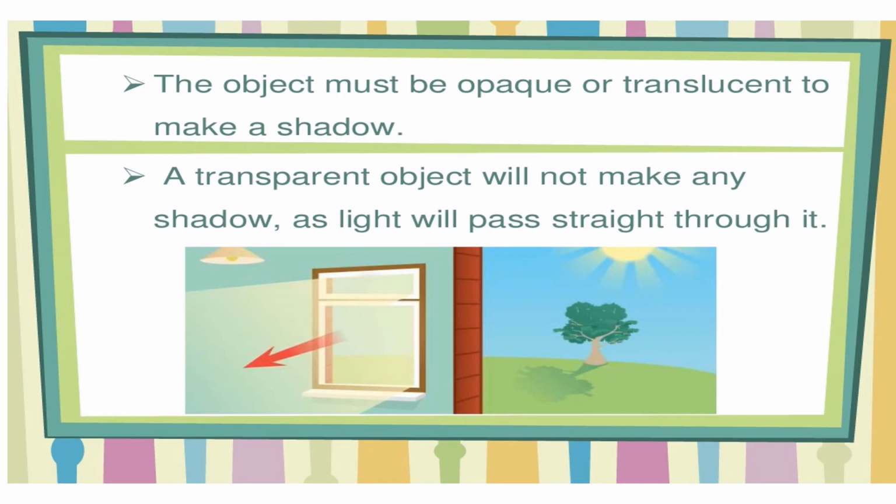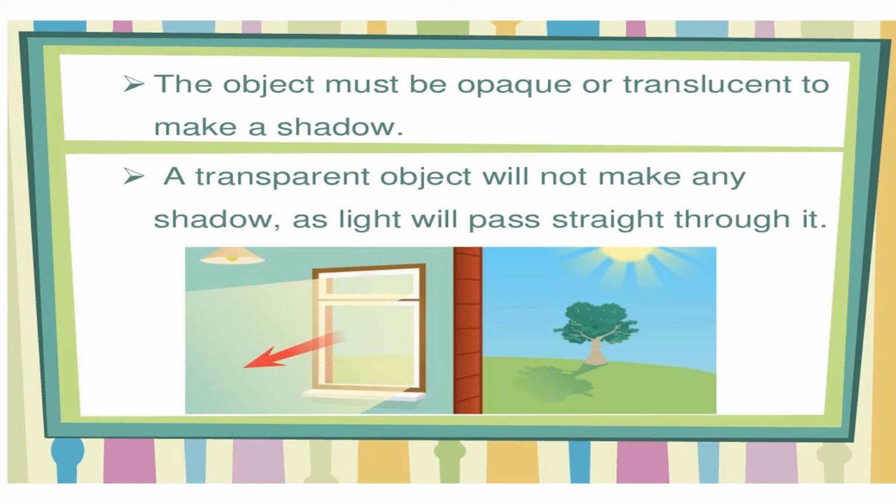For example, a table. We also have an apple. Can light travel through an apple? No.